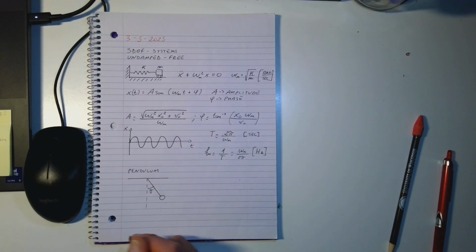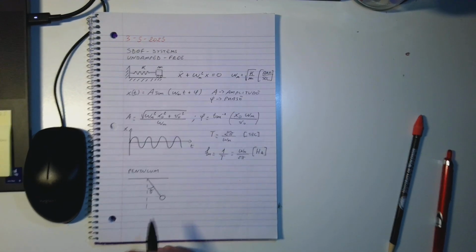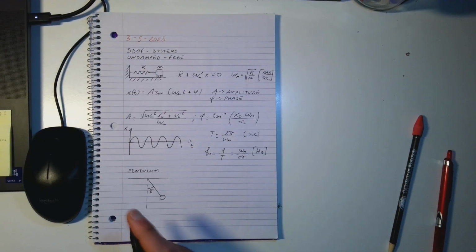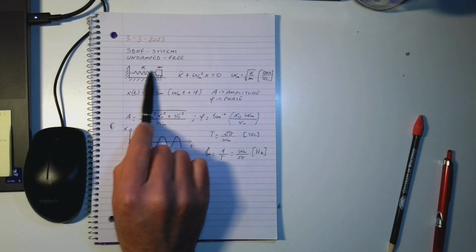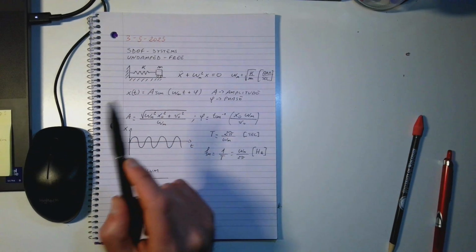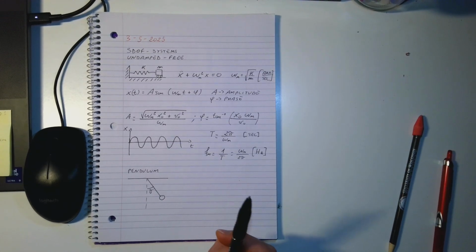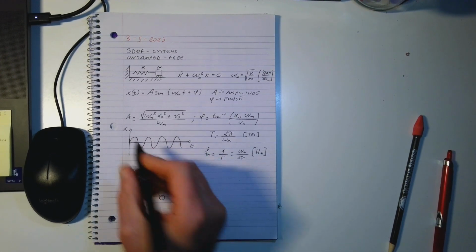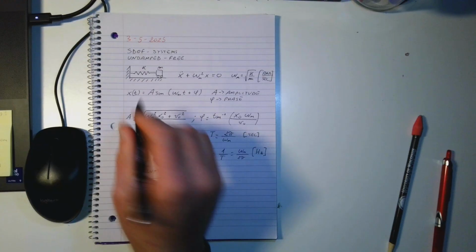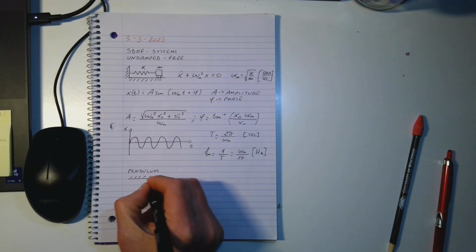In this case, the physics behind the problem is identical to the physics that we have here, which means that the type of equation that we use to describe this system is identical to the equation that we use to describe this system.